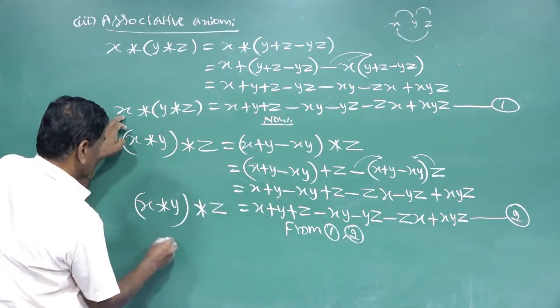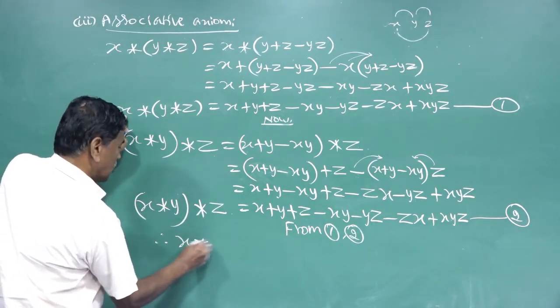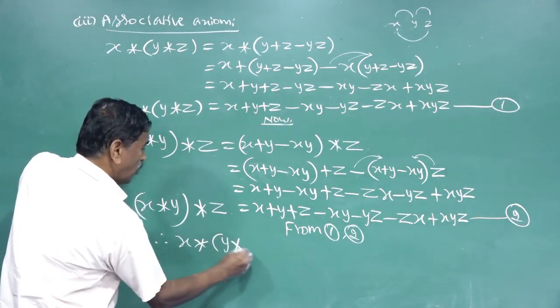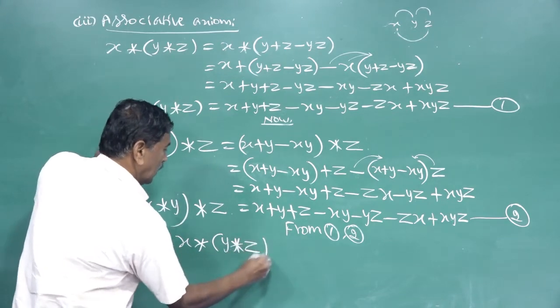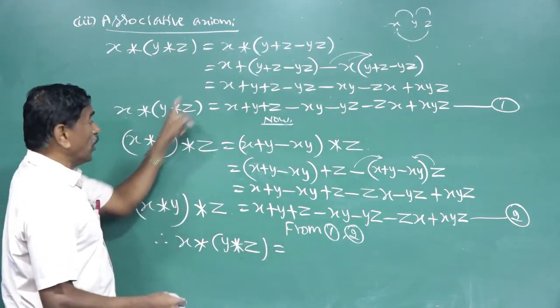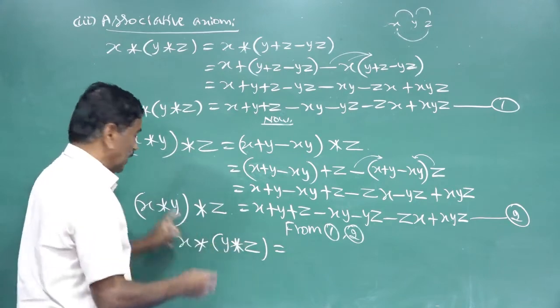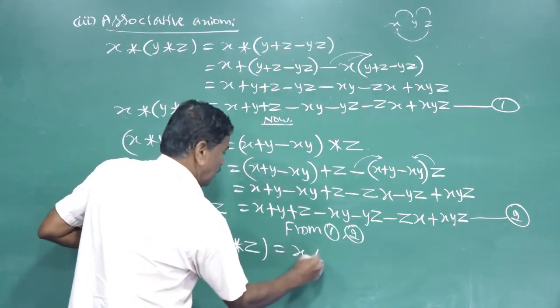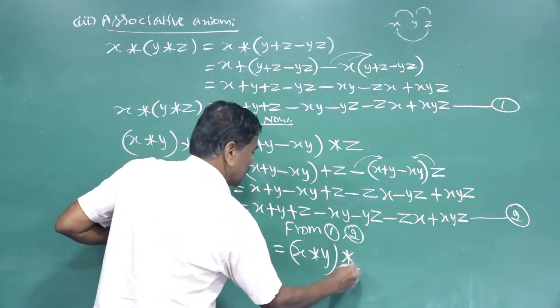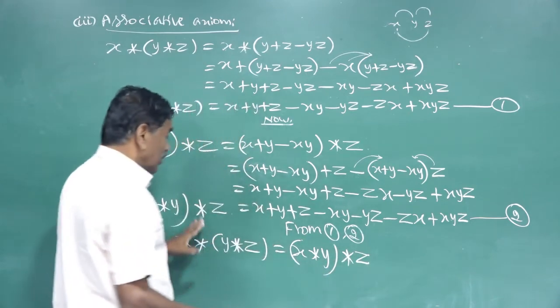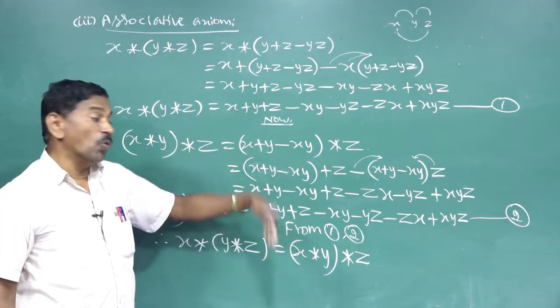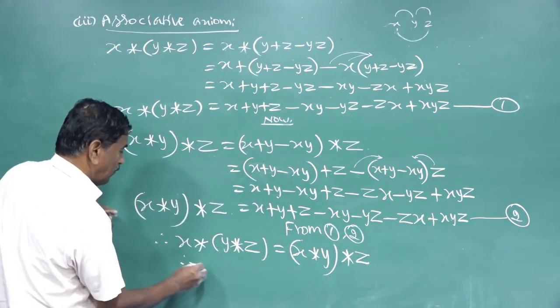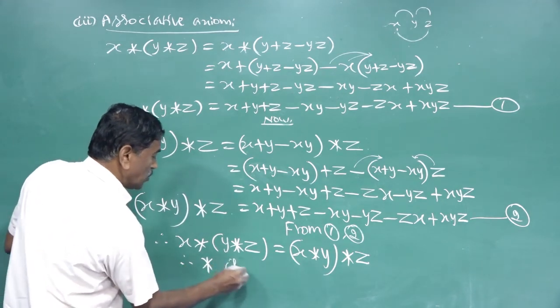Therefore, x star y star z is equal to x star y star z, changing the bracket.